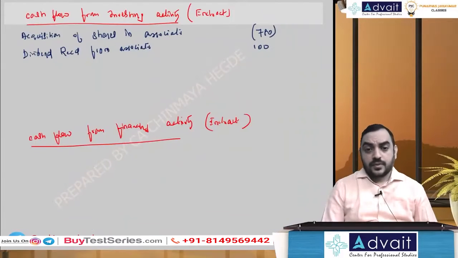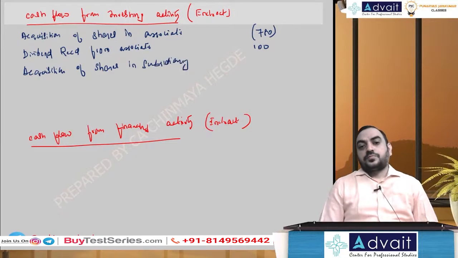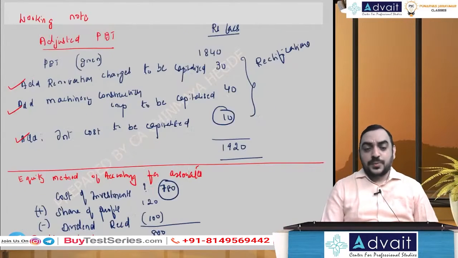Disposal of fixed assets, investment in subsidiary. Okay. Investment in subsidiary, I'll write down. Investment in subsidiary or acquisition of shares in subsidiary. How much acquisition of investment in subsidiary?